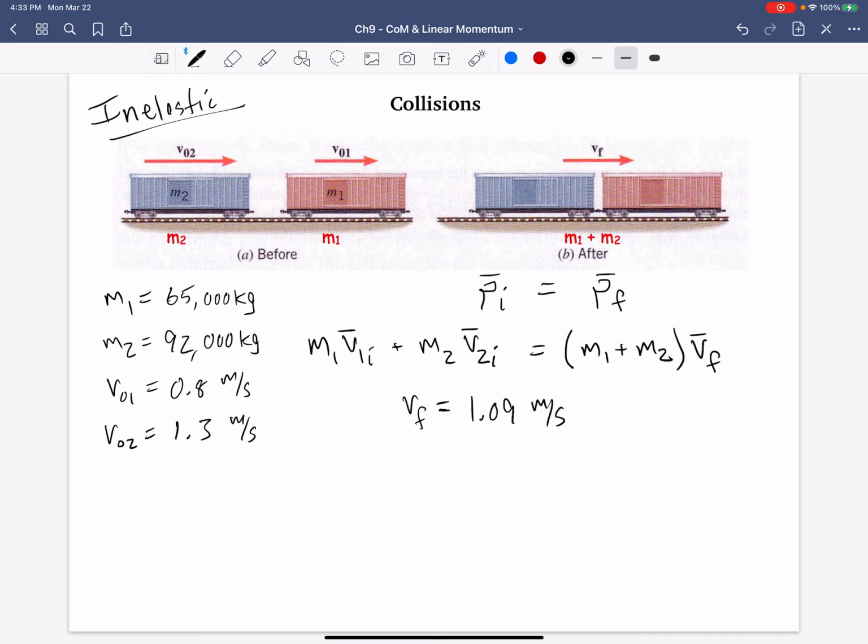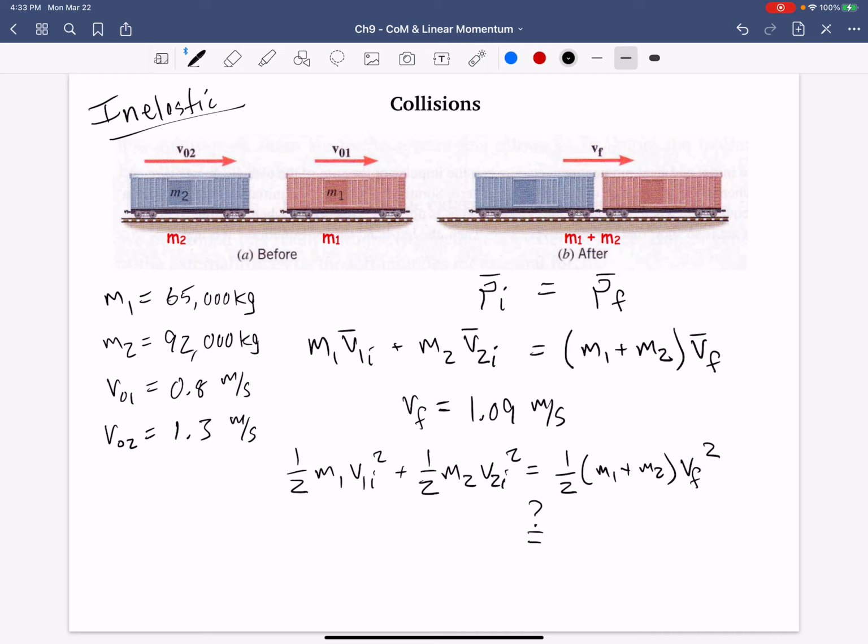Specifically, if you want to plug it into this, 1/2 M1 V1 initial squared plus 1/2 M2 V2 initial squared, and since they're one mass, V final squared, right? If you get a number here, you should see that they're not equal, right?